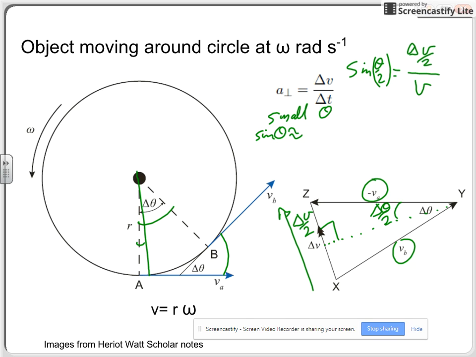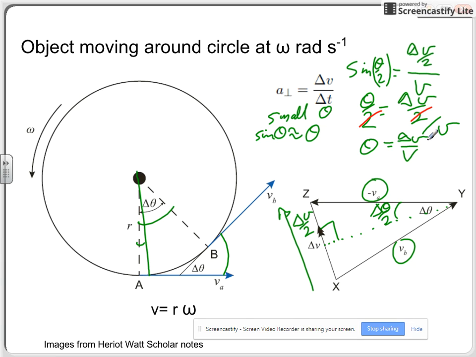It's also equal to tan, but it's also equal to theta. So if we're just dealing with a small amount of angle, then theta over 2 equals delta V over 2, and then divided by V. What you can do with that is then cancel the halves either side, and you end up with theta equals delta V divided by V.